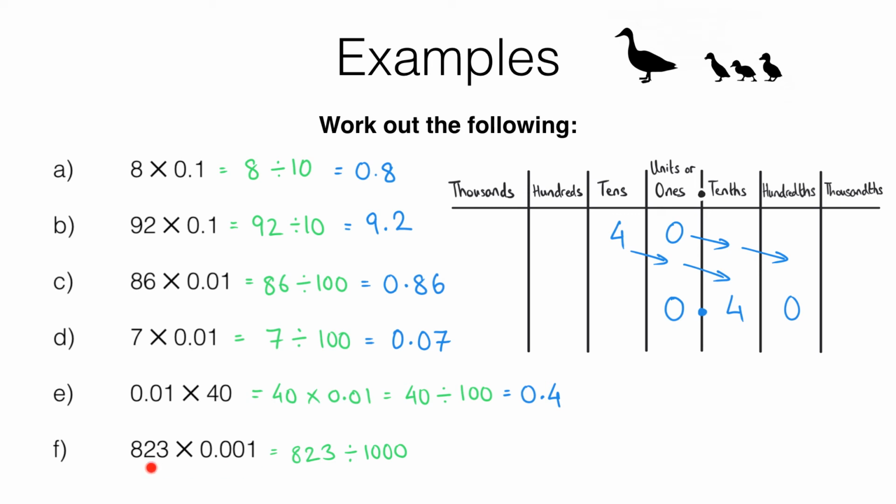Pause the video and have a go at F for yourself. Here's how you should have done it. Starting with 823. Multiplying by 0.001 is the same as dividing by 1,000. So we're going to move each digit 3 place value columns to the right.